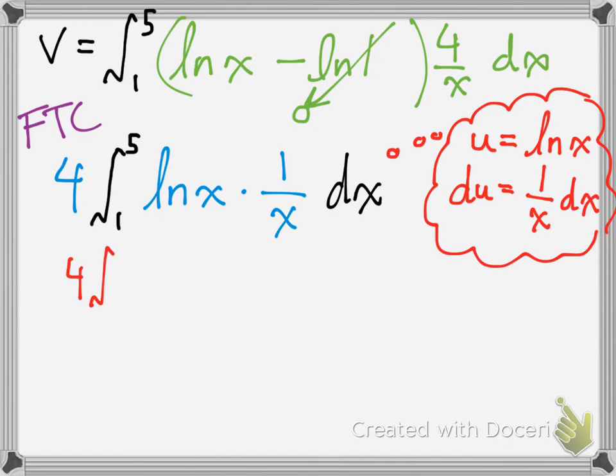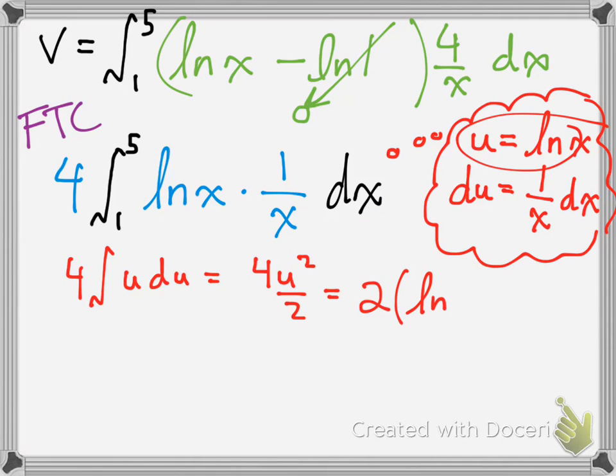4 times the integral of u du would be 4u squared over 2. So you add a power and then divide by that power, which would be 2 times the ln of x, so I'm just plugging u in now to the equation, so that'd be 2 times ln of x, all that squared, evaluated from 1 to 5.